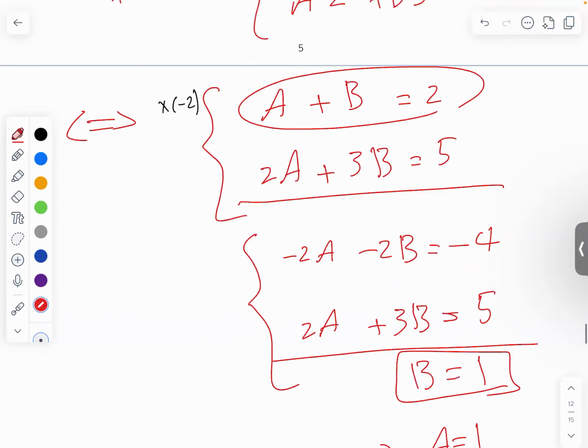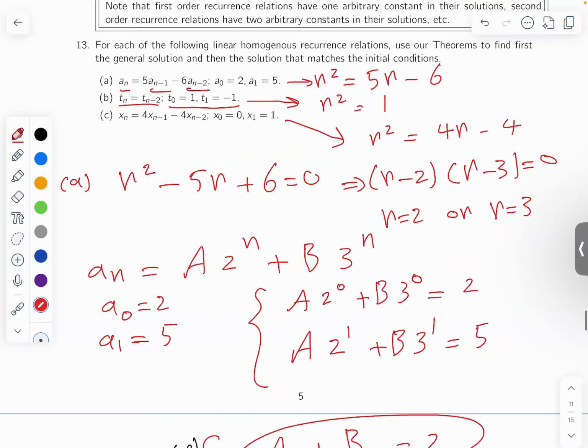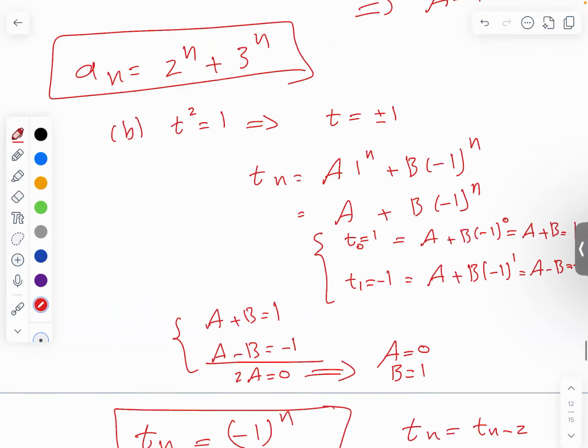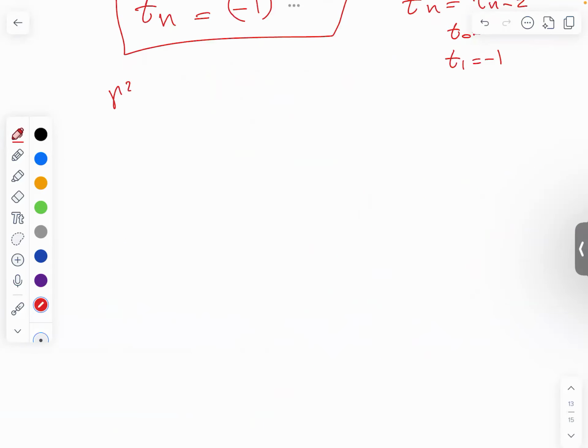Last part, C. This guy: R power 2 equals 4R minus 4. From here, R squared minus 4R plus 4 equals 0.